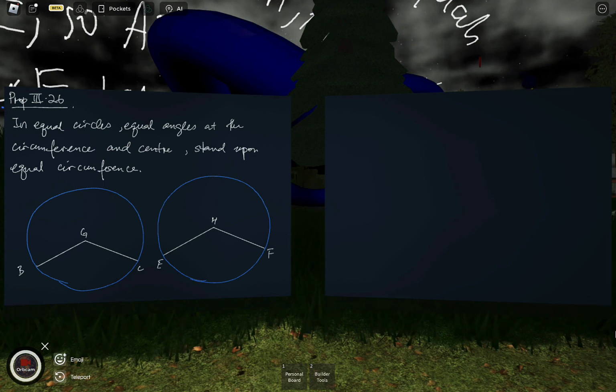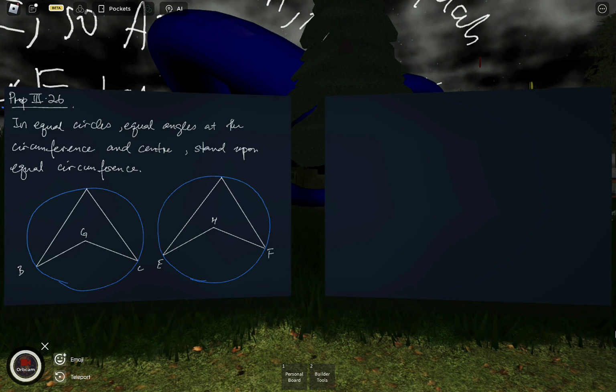So we have equal centers or equal angles. I'll mark in what is equal in a bit. So there's a center angle, an angle at the circumference, and the claim is that these 2 are equal, and these two are equal. The two green marked angles are equal, and the two red marked angles are equal.